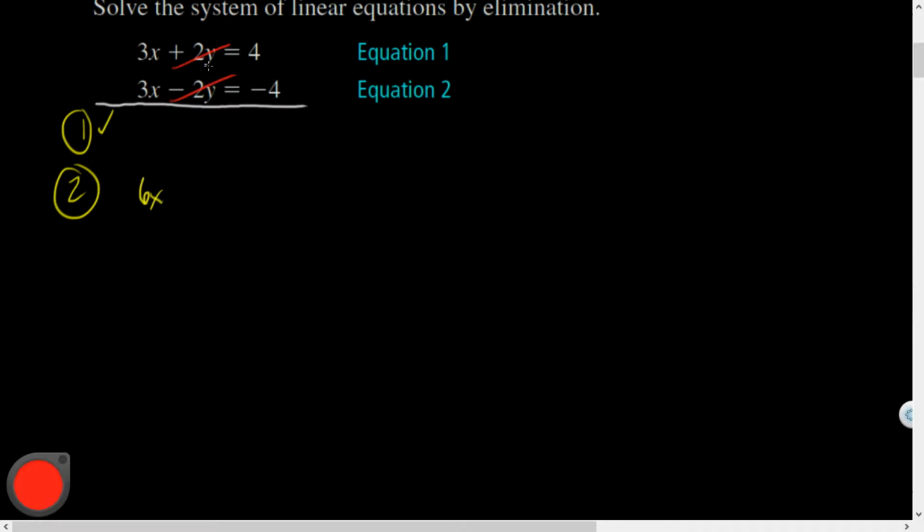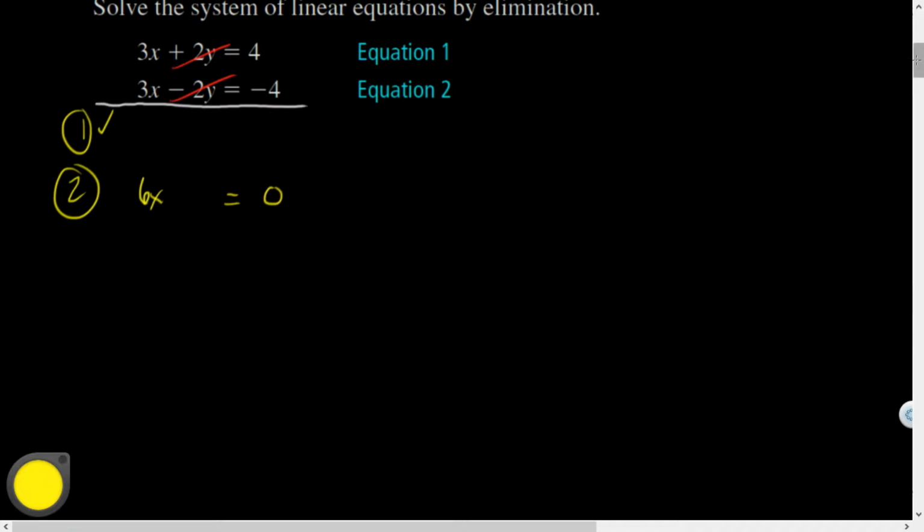Those eliminate each other, right? That's beautiful. Bring down my equal sign. 4 and negative 4, those actually ended up being 0 as well, oddly enough. So the benefit of this elimination method is that I've eliminated a variable, leaving an equation with only one kind of variable, which we know how to solve.